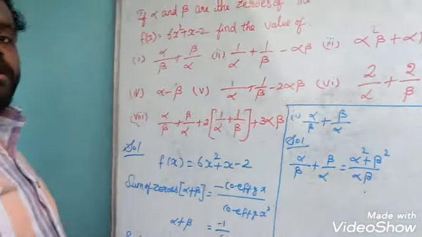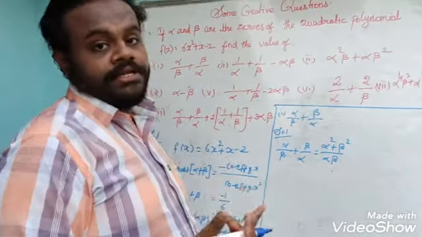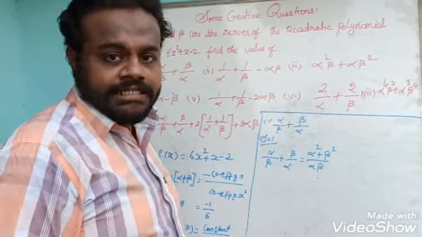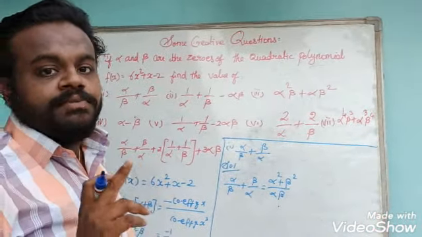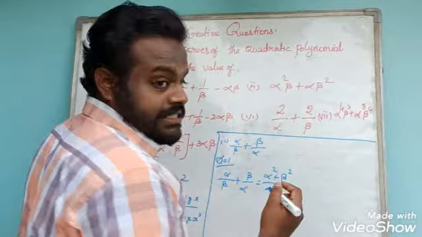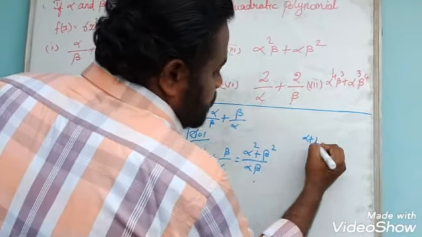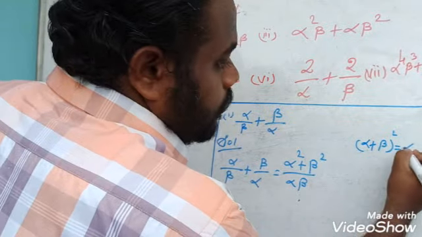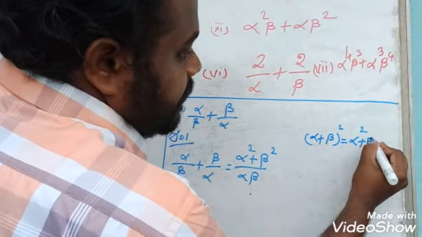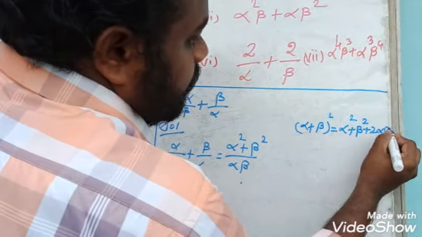Here you see, what is the formula to find alpha square plus beta square? Think of the identity in algebra, a plus b the whole square. Instead of a plus b, we are using alpha and beta. So alpha plus beta whole square equals alpha square plus beta square plus 2 alpha beta.